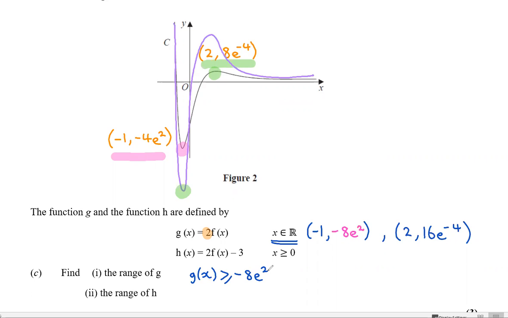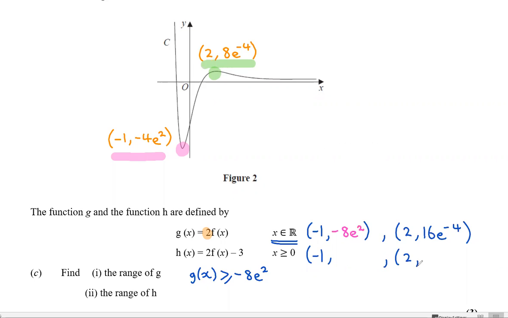Now for the range of h, I'm just going to remove this curve so we can talk about this slightly different transformation. Now we've got something different going on here. We've got the same multiplicative scale factor, so we're still doubling all the y values. And again, nothing's happening to the x coordinates either. It's all happening in the y direction. So I'm still going to be at -1 and I'm still going to be at 2.